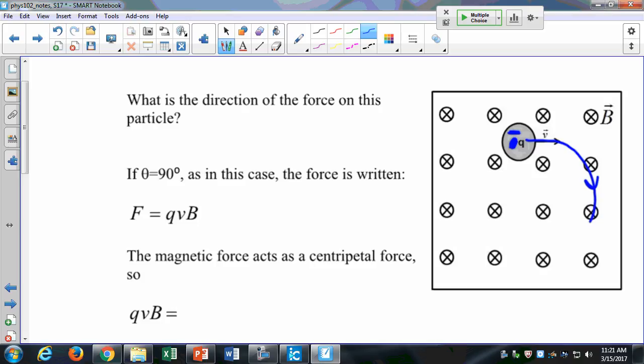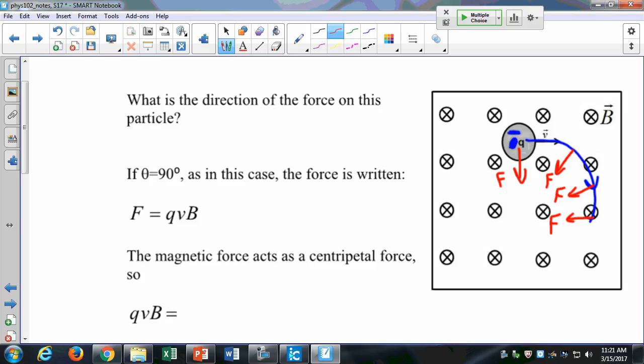So here, it's moving to the right. The magnetic field is into the page. I get an upward force, but since we're saying it's negative, then the force will be downward. And so my force on this negatively charged particle is down here. Over here, the force is going to be in that direction. Over here, the force will be in that direction, and on, causing that particle basically to get stuck in this loop.